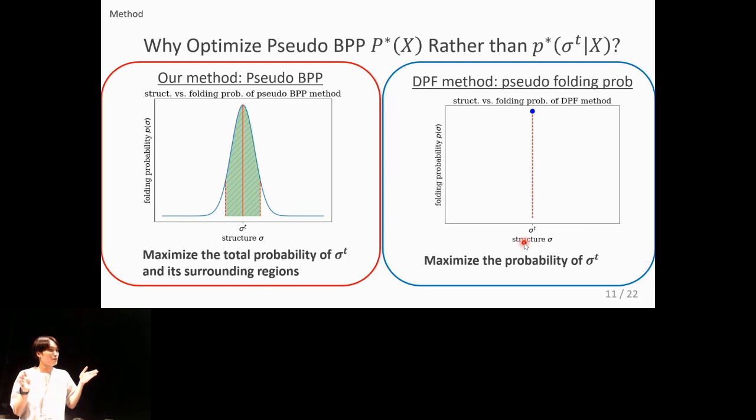I think the reason the length is important is that we maximize the total probability of the sequences nearby, and the structures nearby the target structure increase when the length of the sequence is large.